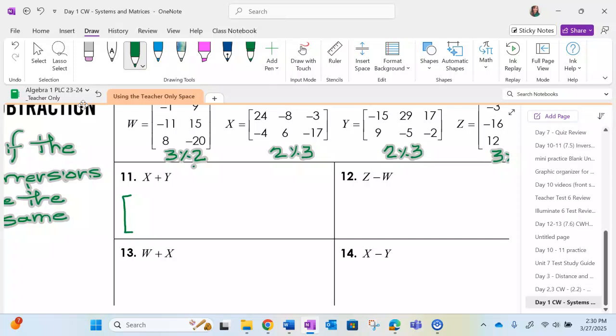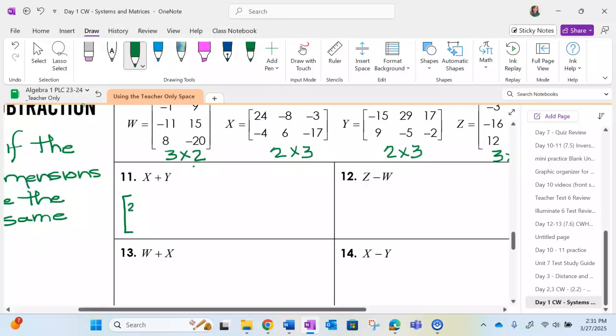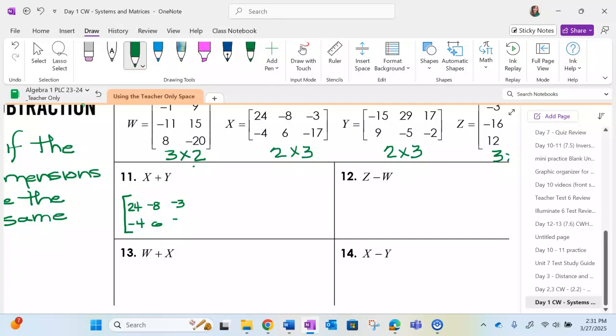So we're going to copy X, which is 24, -8, -3. And then we're going to do -4, 6, and -17. We are going to take that and we are going to add it to Y, which is -15, trying to make sure I have enough room, 29, and 17.